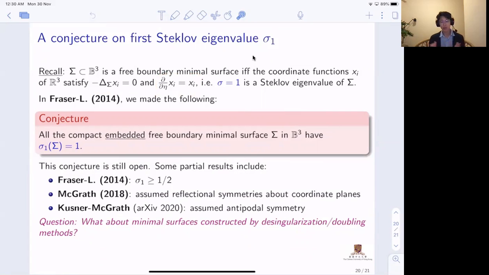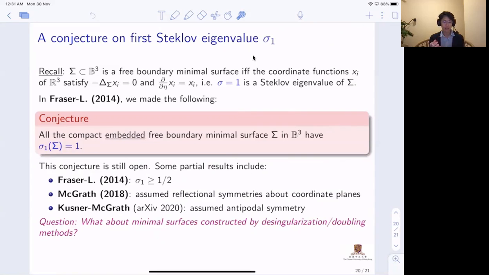In terms of the Dirichlet-to-Neumann map, you have a harmonic extension whose normal derivative is itself. That means sigma equals 1. So this 1 that appears in front of x_i is a Steklov eigenvalue. The question is whether this is the first one. We actually conjecture that this might be true.